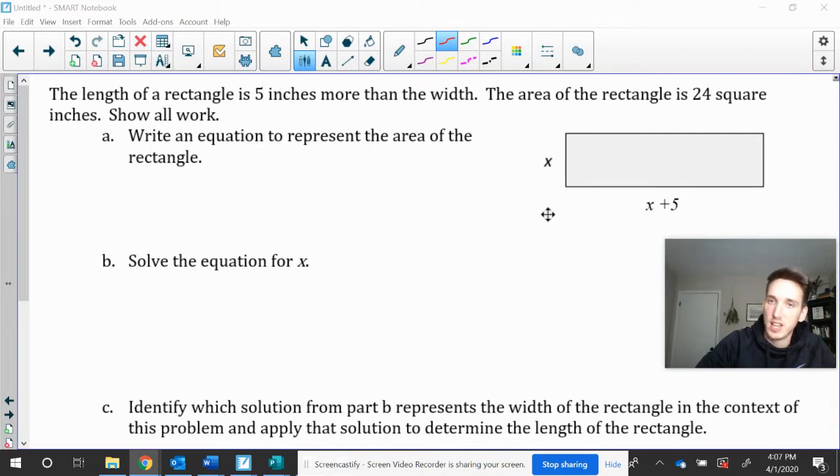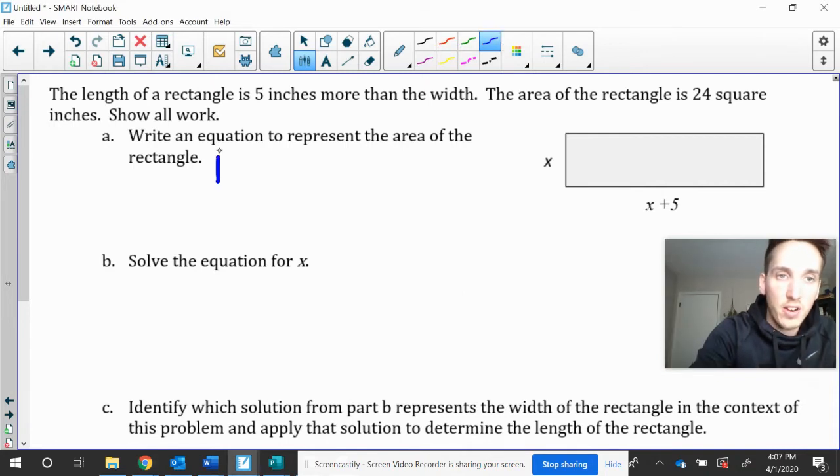So this is x plus 5. And then it tells us the area of the rectangle is 24 square inches. The first thing it asks us to do is write an equation to represent the area of the rectangle. Well, I know that the area of a rectangle is length times width.